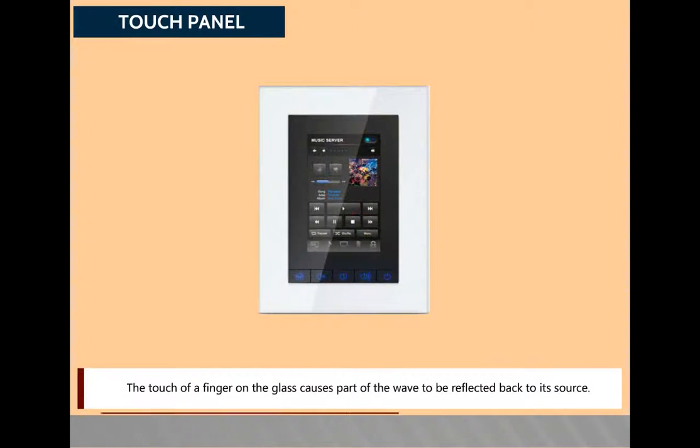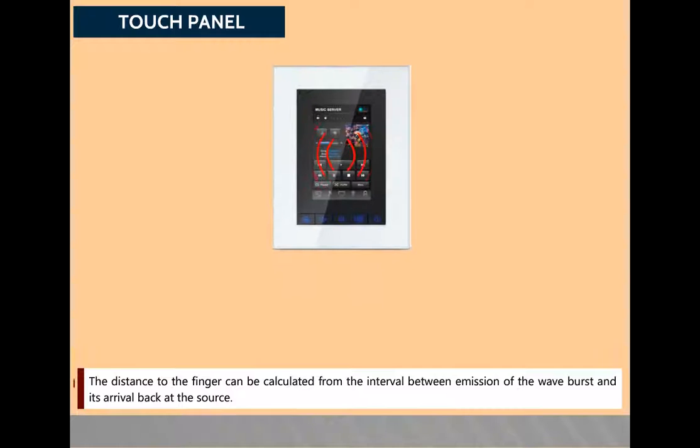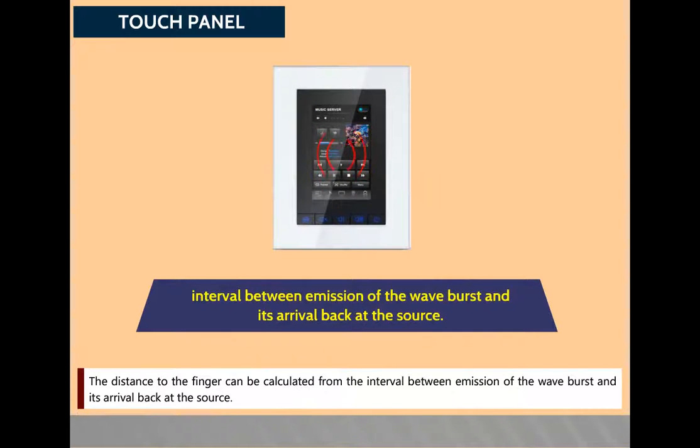The touch of a finger on the glass causes part of the wave to be reflected back to its source. The distance to the finger can be calculated from the interval between emission of the wave burst and its arrival back at the source.